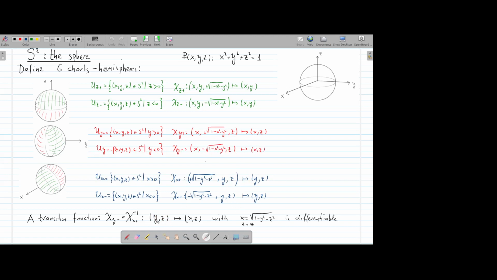So you see that a point with coordinates y and z in the x plus coordinate system will be mapped to coordinates x and z in the y minus coordinate system, such that x is equal to plus the square root of 1 minus y squared minus z squared, and z is mapped to itself. And you can easily see that this map is differentiable.